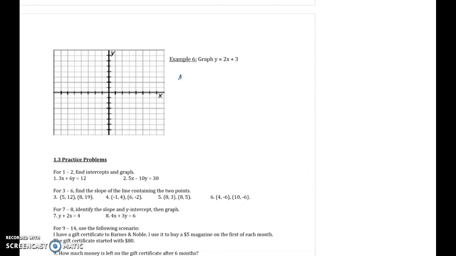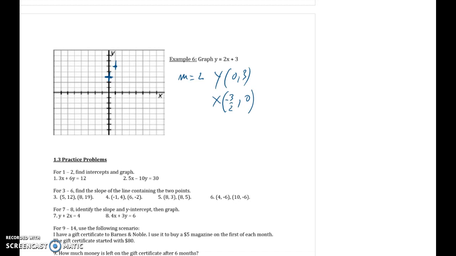So we have m equals 2 and y-intercept (0, 3). I'm going to plot the point 0, 1, 2, 3 right here. And now I need to go up 2, run 1. Or I could use my x-intercept.